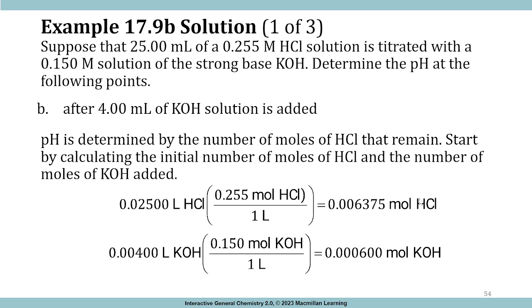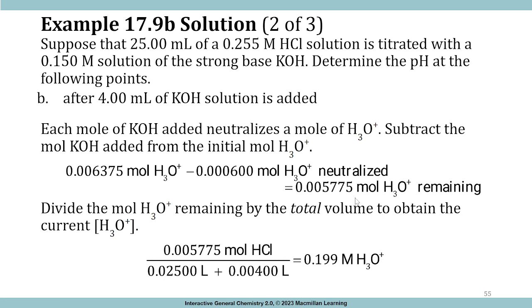We're going to take our moles of HCl minus our moles of KOH, right? Or another way of saying that, big number minus small number. And that would give us our moles remaining of our H+. So we're then going to take that number, we're going to divide it by the total volume. Now remember, the total volume is no longer 25 mils, is it?